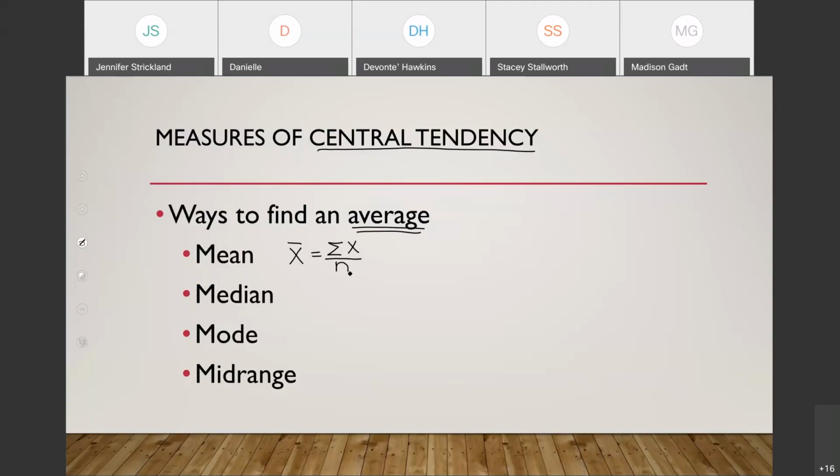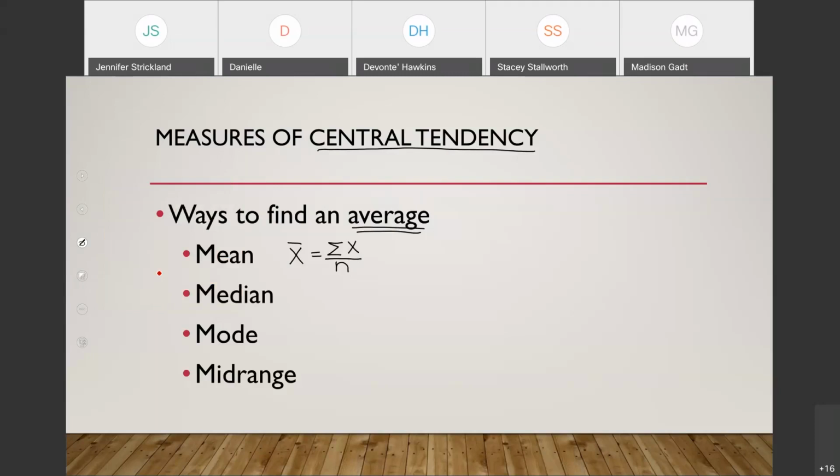Now, that looks a little weird. You may have seen this first symbol, this symbol that looks kind of like a sideways 3 or something, in algebra class. That symbol is the summation symbol, and it just tells you to add up. So just a minute ago, when we were talking about the 4 test grades, the first thing you told me you had to do is add them up, right?